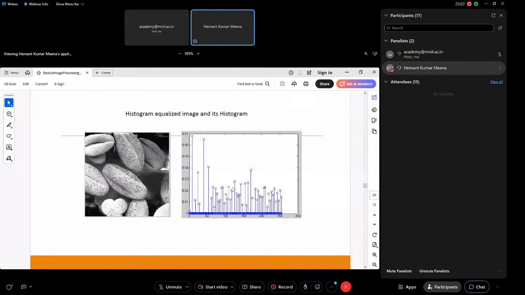So what would happen in the histogram equalized image? In the histogram equalized image, here it is far better. Every nut, its appearance, texture is very clearly visible. Not only the texture, but the in-between region between the two nuts is also very much highlighted.